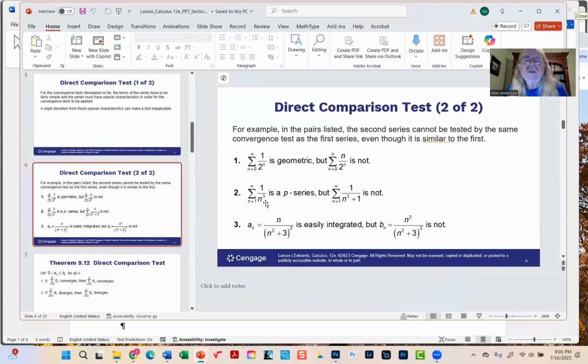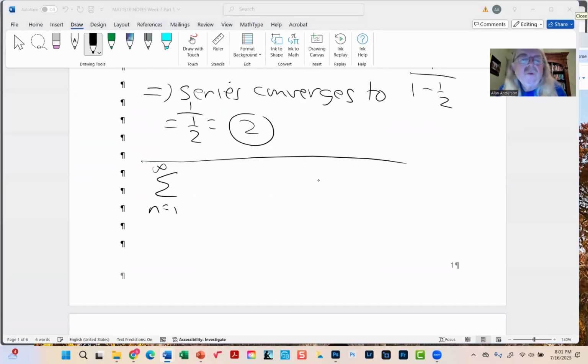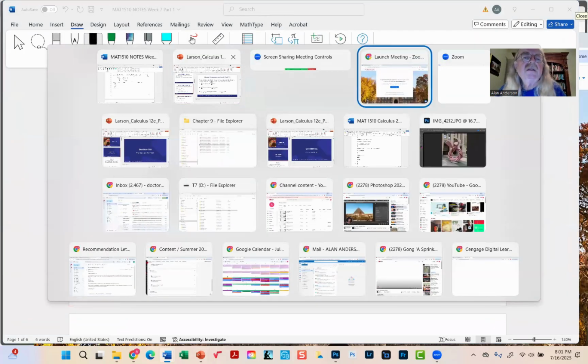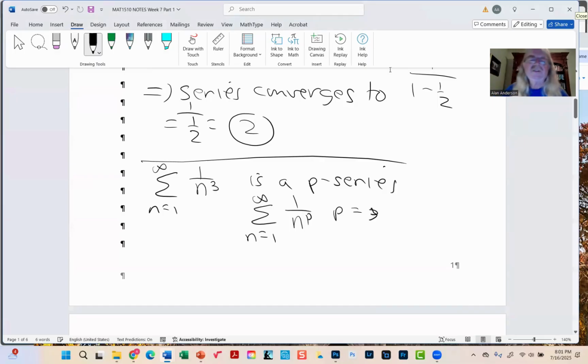And then here, you might recall that we defined this type of setup as a p-series. So we have 1 over n cubed, and you recall that for this type of series, that 3, by the way, is the p. And if you remember from that section, the cutoff point here is 1.